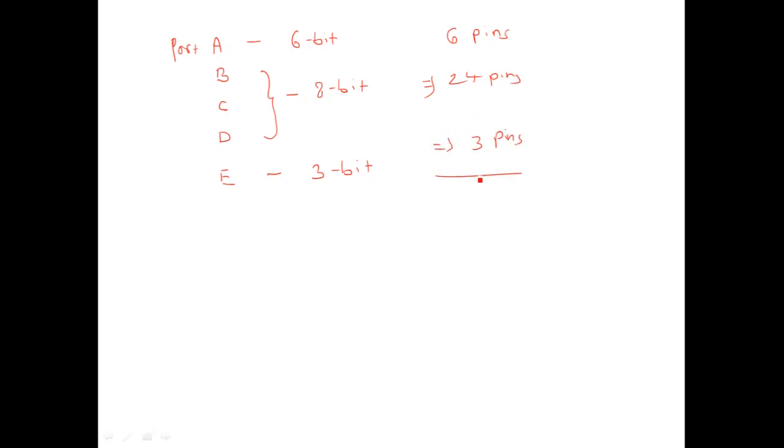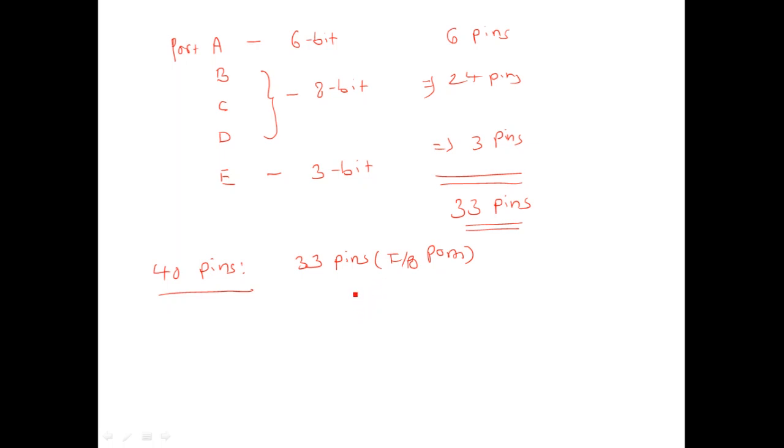Okay, so total number of pins which will be used up by these ports will be 33 pins. Your IC is 40 pin IC. Out of these 40 pins, 33 pins are used up for IO ports.